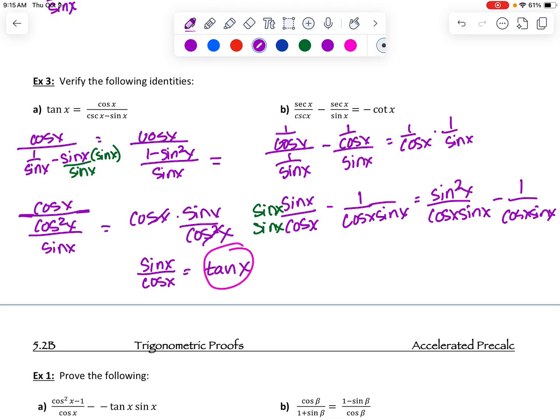So when I combine my numerators, I'm going to have the sine squared of x minus 1 over the cosine of x, sine of x. And so sine squared minus 1 looks very familiar, but it's just the opposite of what we had over here, right? And so therefore, instead of it just equaling the cosine of x, it's actually going to equal the opposite of cosine squared.